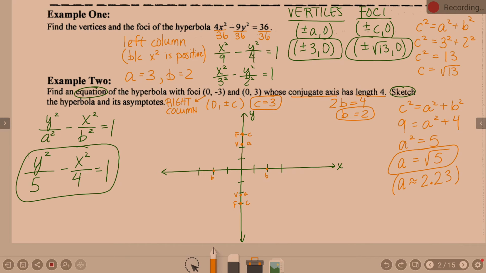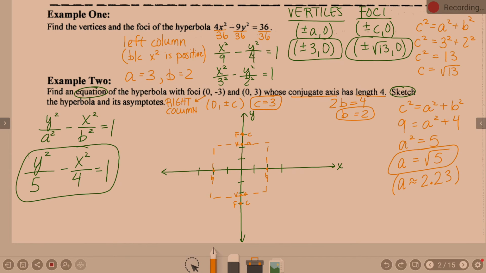I'm going to make just a dotted line box that goes through A's, which are my vertices, and it goes through B's. This is the only reason I even graphed B. So I just made a box, a rectangle, and it has horizontals through the A's, verticals through the B's.